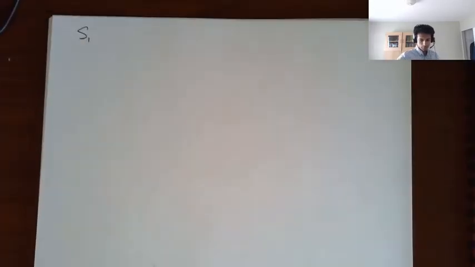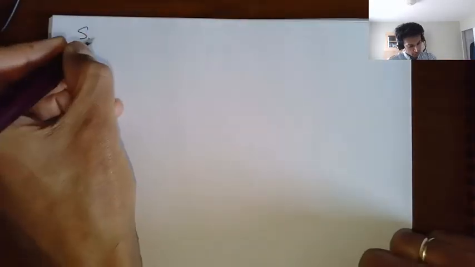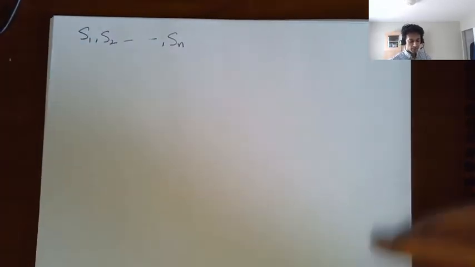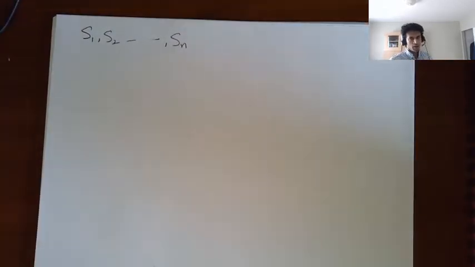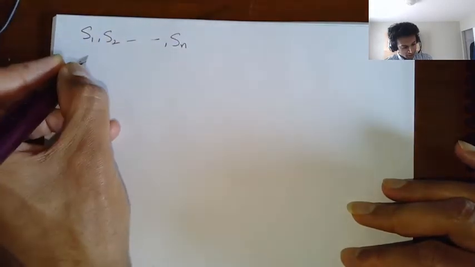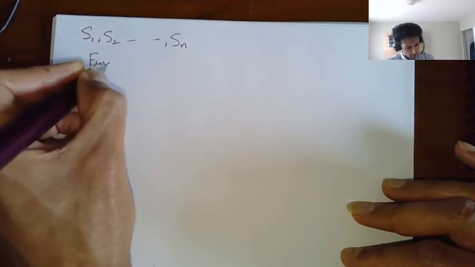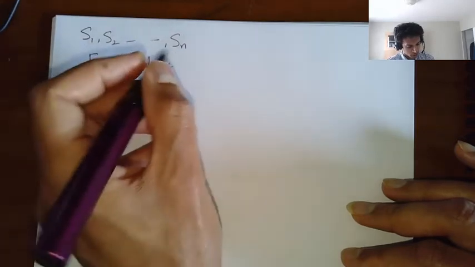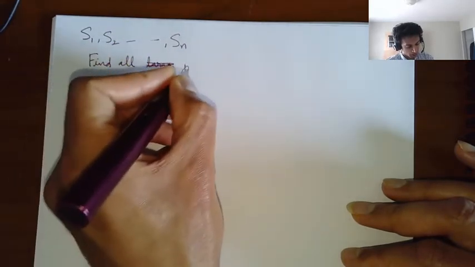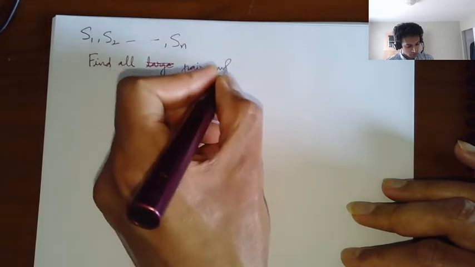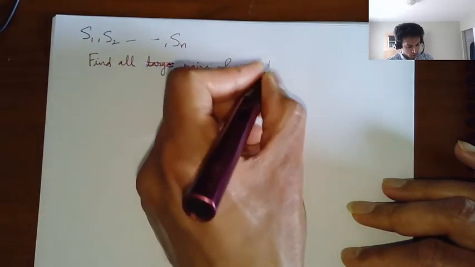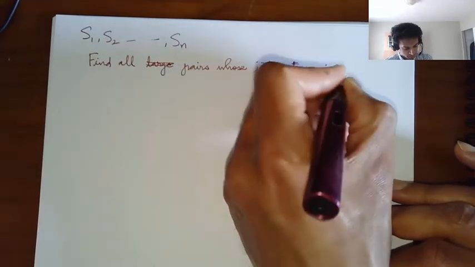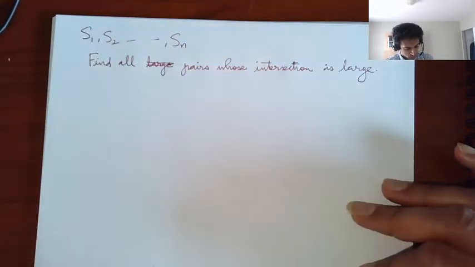So let's go back to this application, S1, S2, up to Sn. Let me say: find all pairs whose intersection is large.